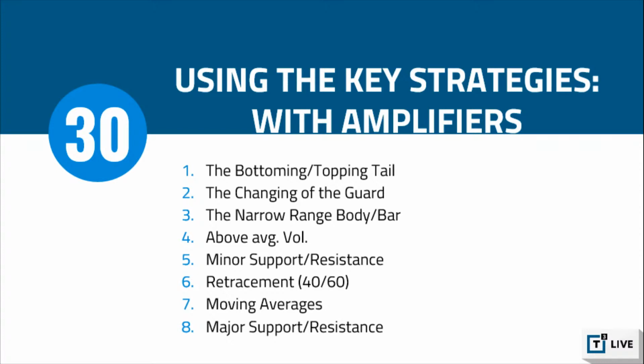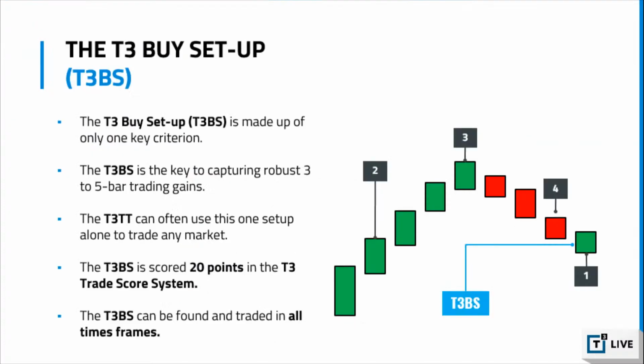Now, I hear from a lot of people via email, and I just want to make sure that we have context, okay? That we know that these amplifiers apply when we have a setup, and in particular, the buy setup, okay? What's a buy setup? Well, just always remember that stocks can really only correct through two ways.